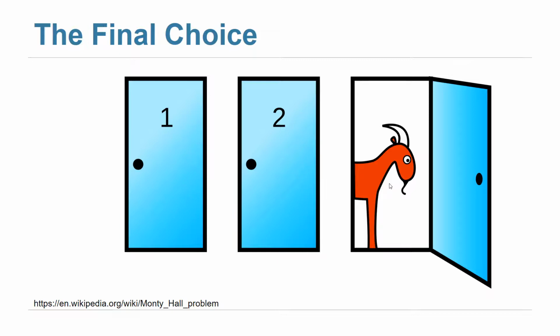Let me ask you, what is the probability that the car will be behind door number 2? It's 1/3. What do you mean by before? It will be the same, so it's 1/3, because you didn't know anything about 2, so 2 didn't change.